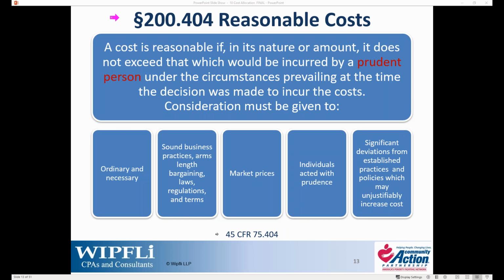So the references that I have at 45 CFR Part 75 come from the Department of Health and Human Services version of the uniform guidance. It depends on which program's dollars you're spending as to which set of cost principles you need to follow. So we do have both of those references because many community action agencies' funding does come from the Department of Health and Human Services.